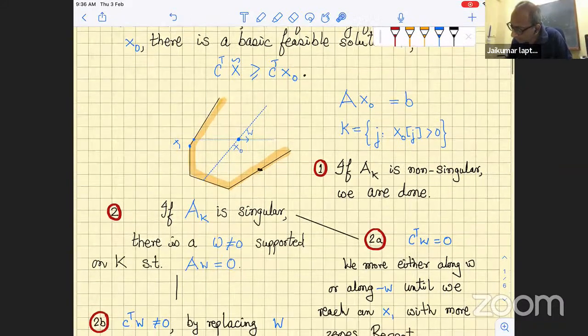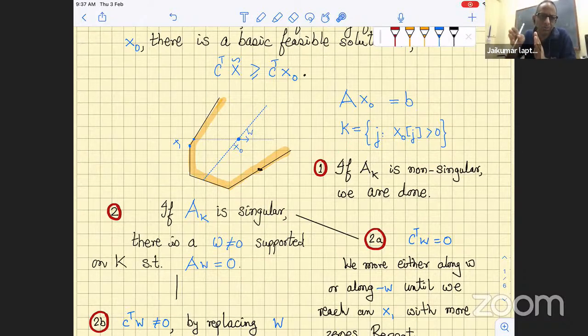Now there are two cases, and the second case again splits into two cases, but that's it. The first case is, suppose it turns out that the columns of the matrix A where x0 has positive value are already linearly independent.